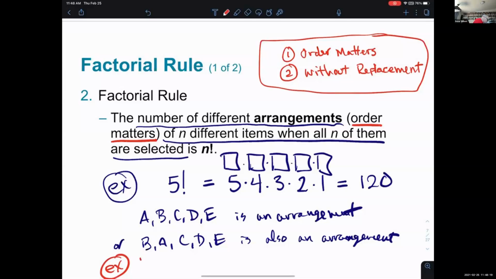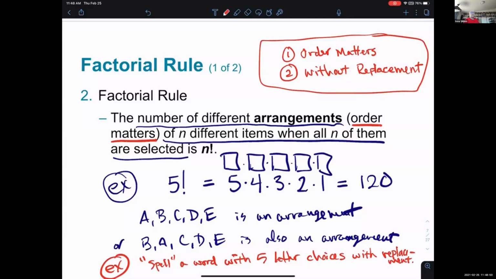So I'm going to spell a word with 5-letter choices. And I'm going to specify it to use the language above: with replacement.